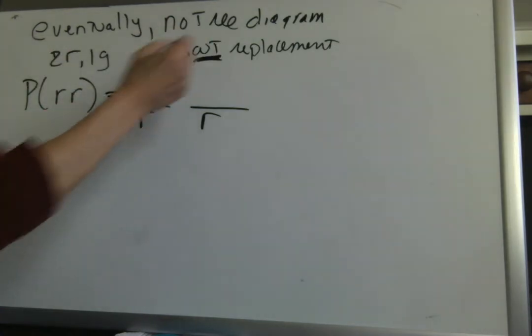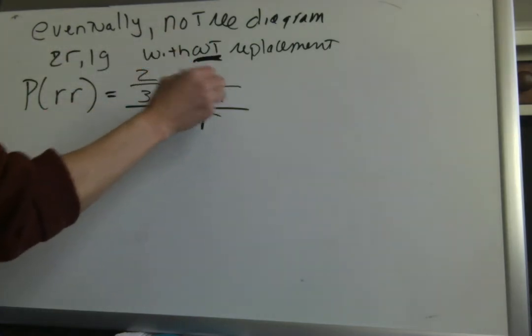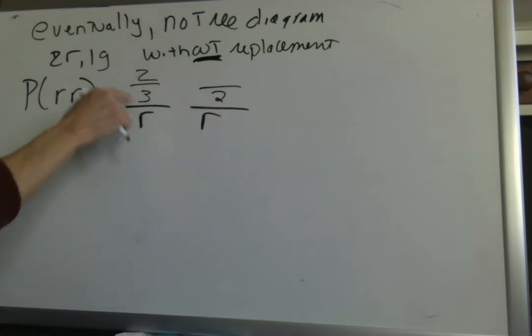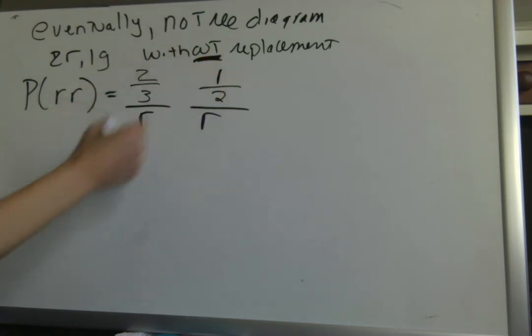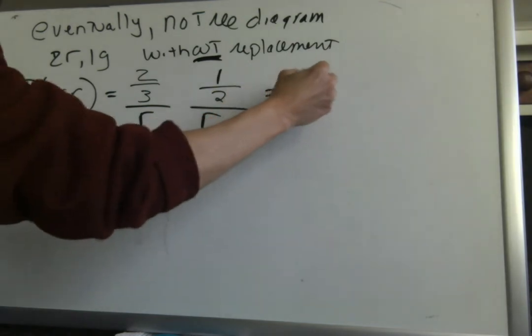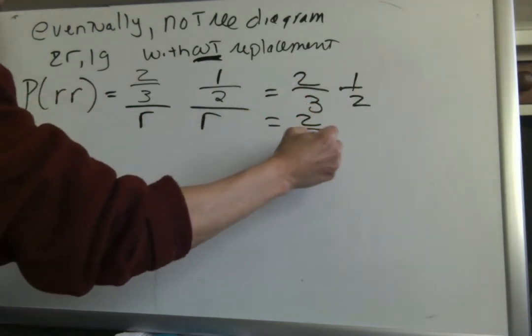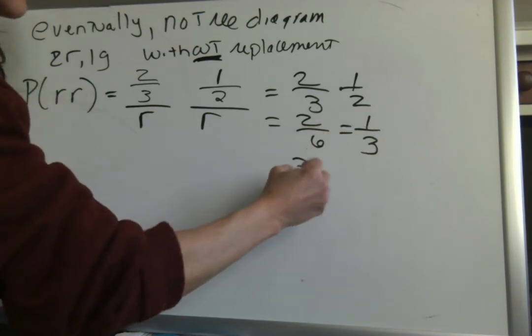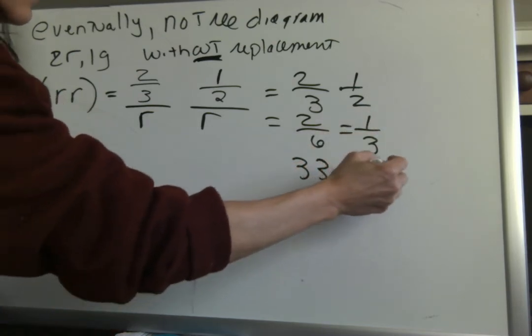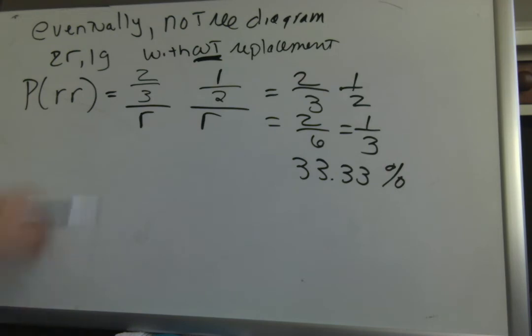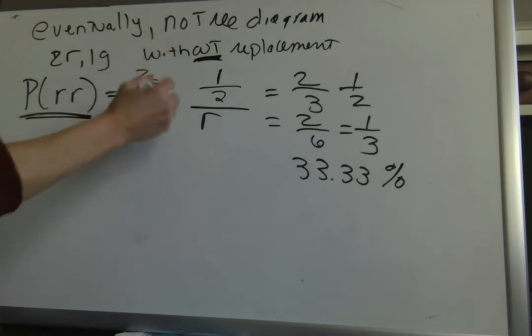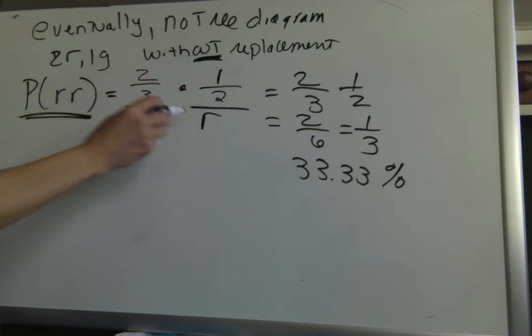Remember, this is without replacement. So I only have 2 balls left, and I used up one of my reds, so I must only have 1/2 left. There is that multiplication you saw just a minute ago on the tree diagram. But if they're only asking for that question, why do the whole tree diagram? Why not just work on the specific case that they've actually asked you?